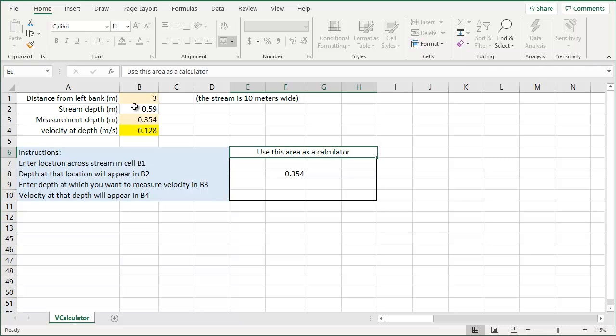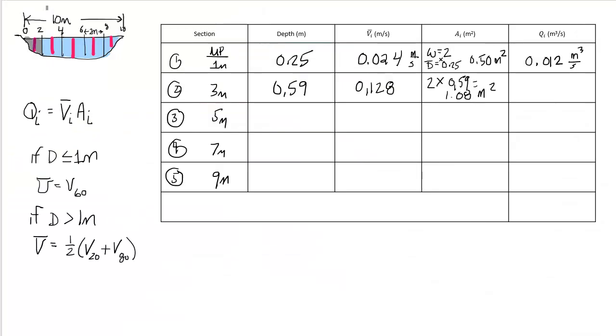So my depth is 0.59 and my velocity is 0.128. So my area is 2 meters times 0.59 or 1.08. And my discharge, multiplying the area times the velocity, is 0.151 cubic meters per second.